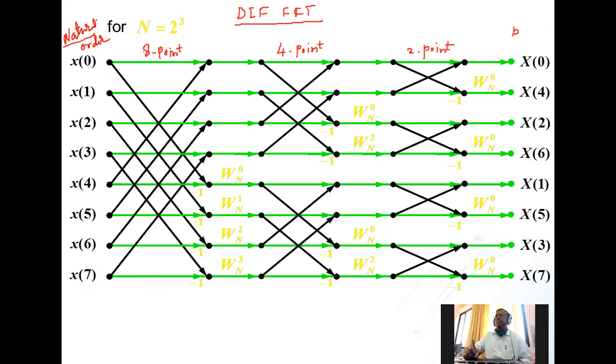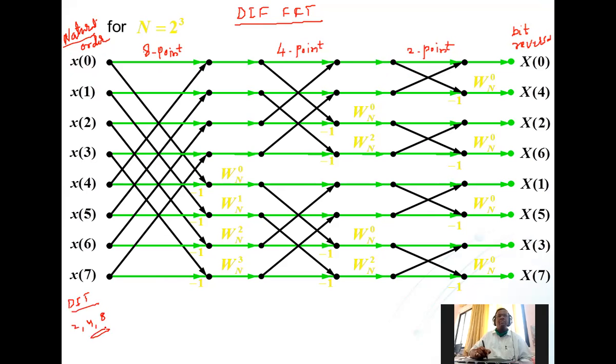So this is the main difference between the DIT FFT algorithm and the DIF FFT algorithm. Here the inputs are in natural order, and the outputs are obtained in bit reversal order. The computation we perform is 8-point, 4-point, and 2-point, and in DIT we perform 2-point, 4-point, and 8-point.